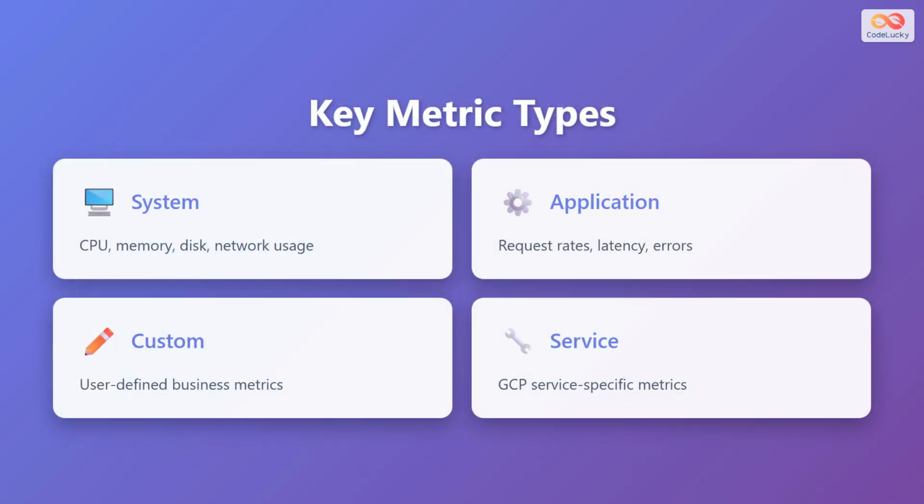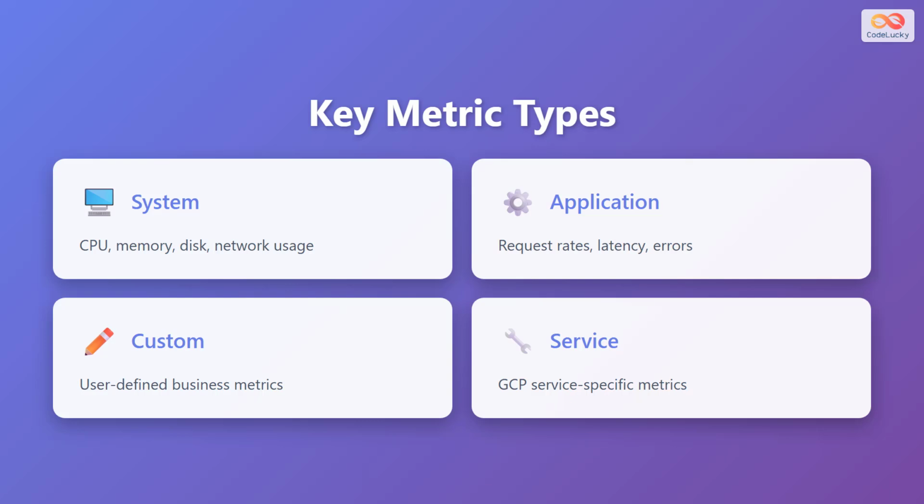Cloud monitoring organizes metrics into 4 main categories. System metrics track the fundamental health of your infrastructure, including CPU utilization, memory usage, disk performance, and network activity. These are the building blocks of infrastructure monitoring. Application metrics focus on how your software is performing, measuring things like request rates, response latency, and error counts. These metrics help you understand the user experience.